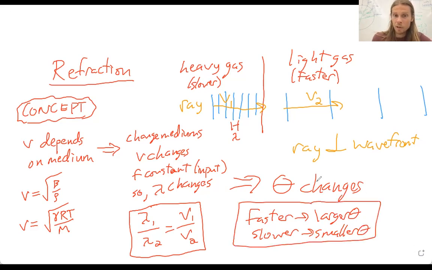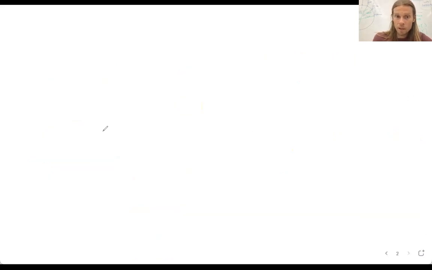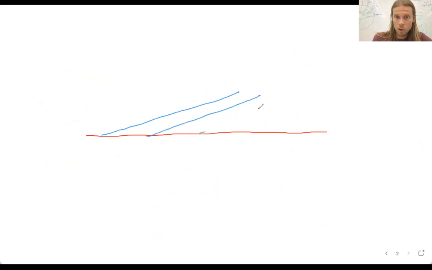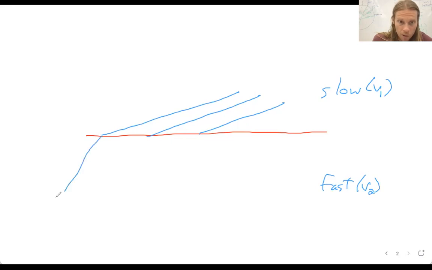This is the concept, cause and effect, right? If it goes straight in, it just comes straight out. But if it comes in at an angle, say we go from slow, like a heavy medium, to fast, this is some V2 and V1, then what happens is that the wavelengths have to align like this, because the compressions need to meet here. This is the input, remember?